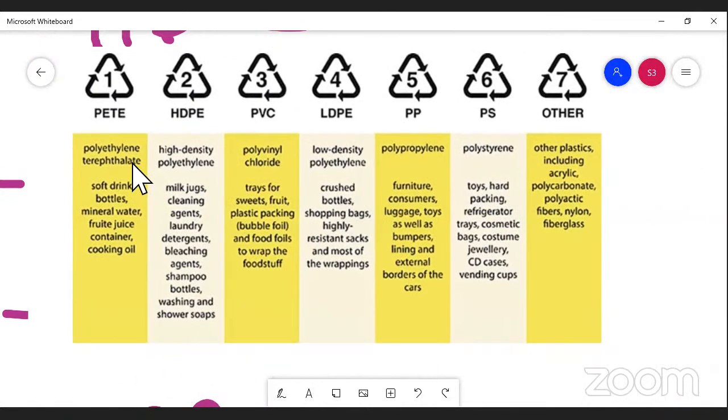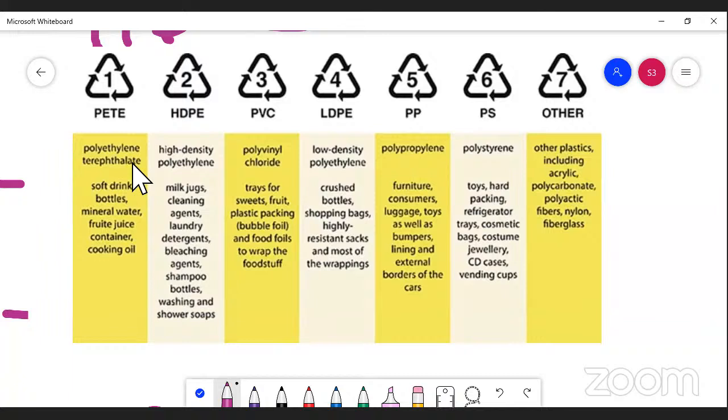If it is 1, that is the PET bottle, polyethylene terephthalate, and it is used for soft drink bottles, water bottles, fruit juice containers and cooking oil.